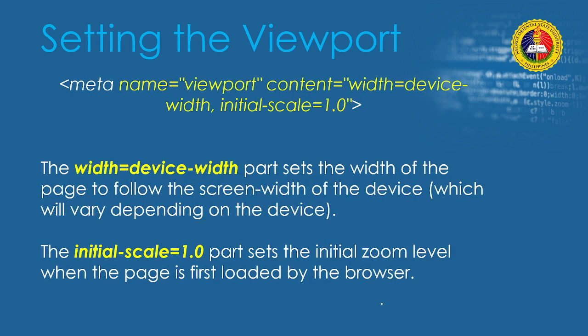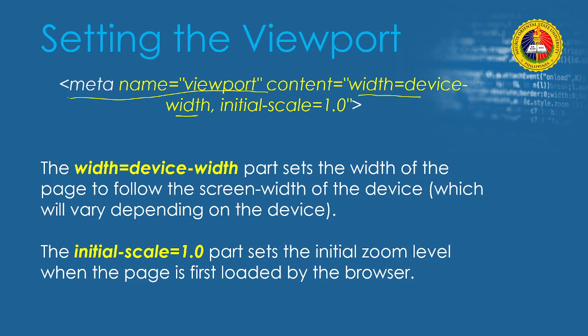All right. So let's discuss each of these. What is this for? Let's start with the meta name viewport. Basically, this is a declaration that we are going to control the viewport of the browser. And next, for the content, we have width equals device-width.